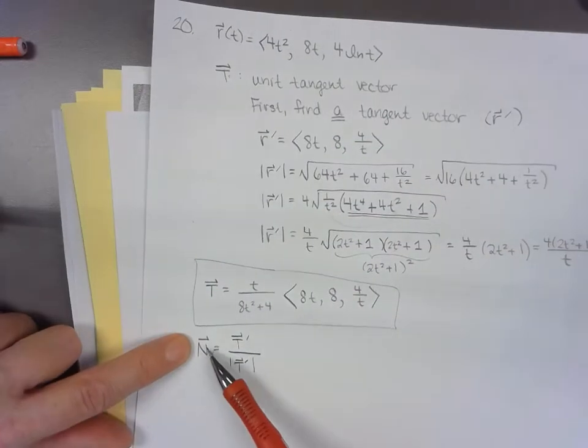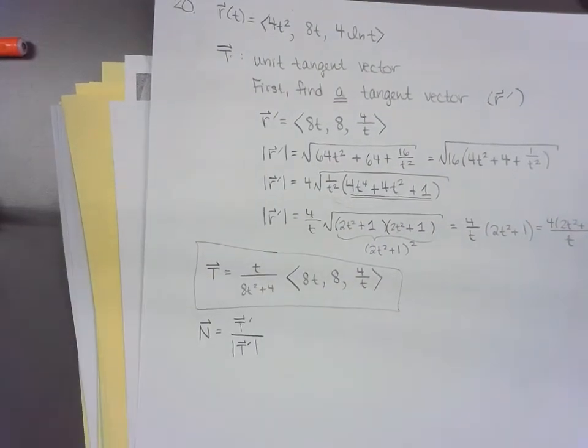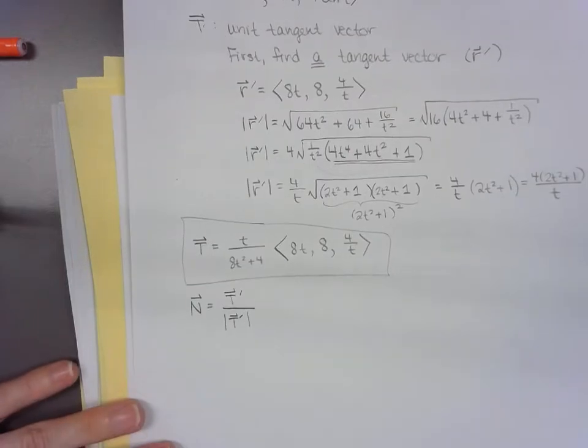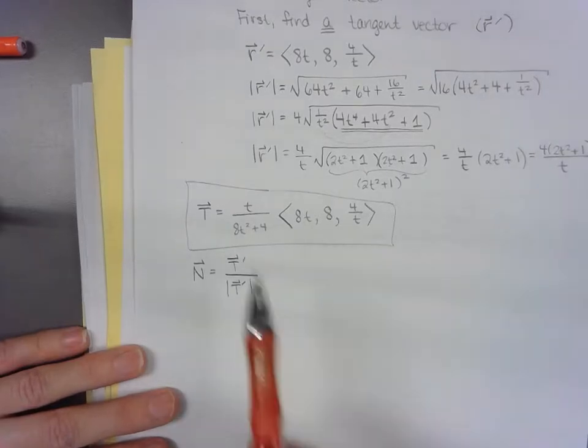Now you go to the previous vector, take its derivative, divide by its magnitude. So it's kind of the same pattern, pretty much like position. Okay, so t prime.